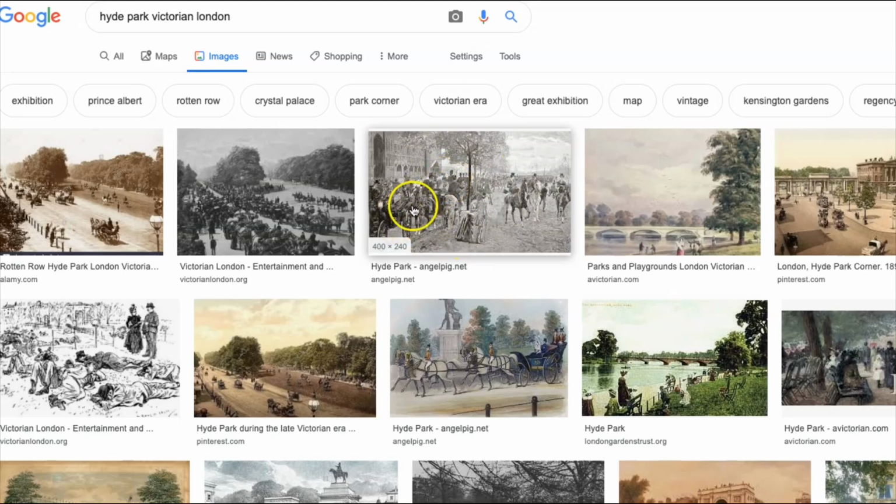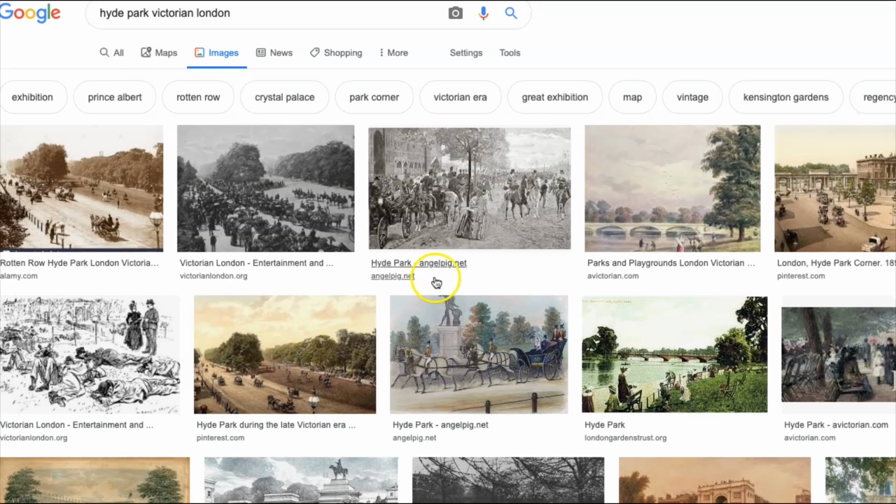Gentlemen would go out in their carriages, ladies would go out in their carriages, the younger gentlemen would go out on horseback and make themselves known to the attractive women. This was a place to meet other people from your own social class, a high class where the gentlemen come from, and meet future partners. So this setting is actually about love and desire for the wealthy, respectable of London.